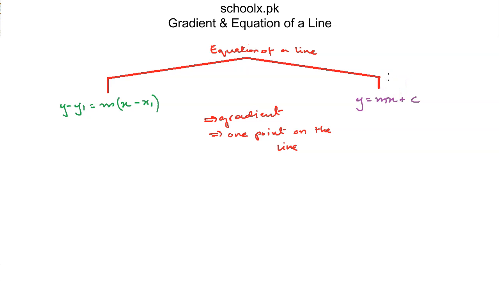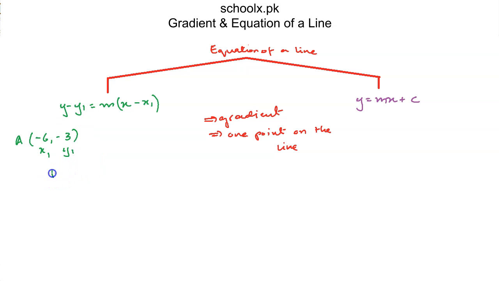Now if you start with the y minus y1 formula, for this formula you need one point on the line and a gradient of the line. So let's suppose we take our A, which was minus 6 and minus 3. Let's suppose I put this as x1 and this as y1.